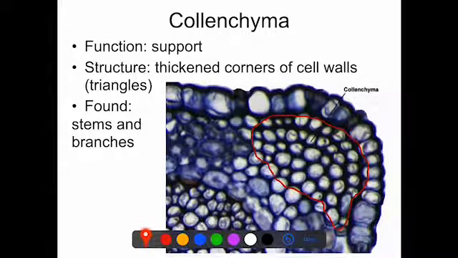If you look at the cell wall of that cell, and then look here at the cell wall of this cell, you can see the significant difference in the cell wall itself. And the function of collenchyma, because it has such thick cell walls, is that it supports the plant. And so you find collenchyma in stems and branches, and also in some leaves, depending on the leaf.